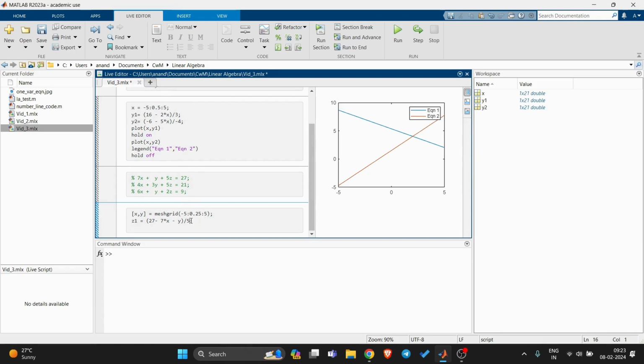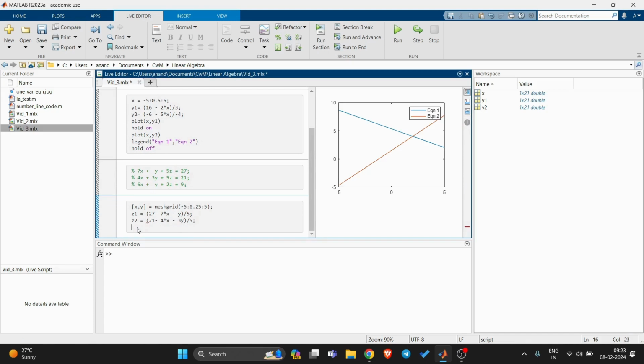Similarly, z2 will be equal to 21 minus 4 times x minus 3y, divided by 5, and z3 will be equal to 9 minus 6x minus y, divided by 2.